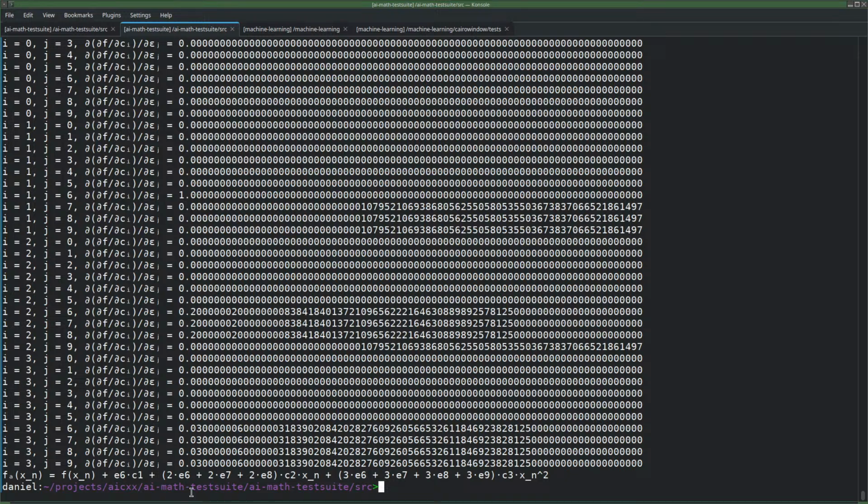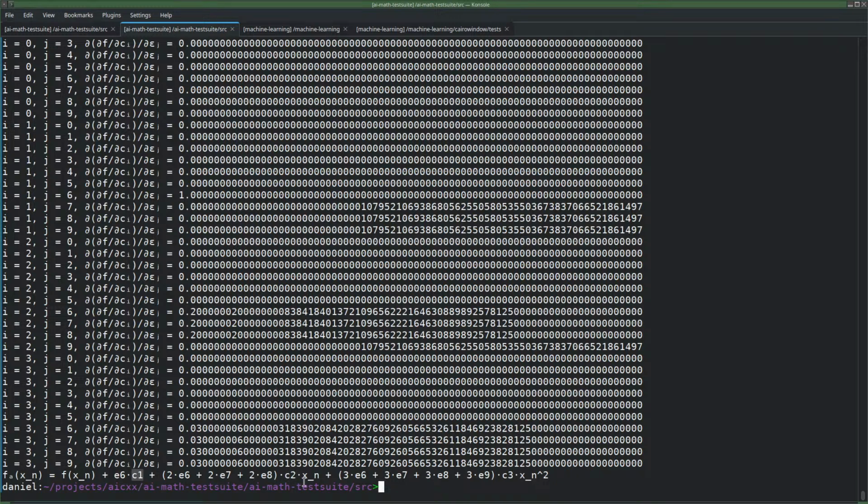Now there you see the 2's appear, exactly as it should be. The C2 has a 2 in front of everything. The C3 has a 3 every time. The C1 is now, because this is the derivative, the coefficient of xn to the power 0.